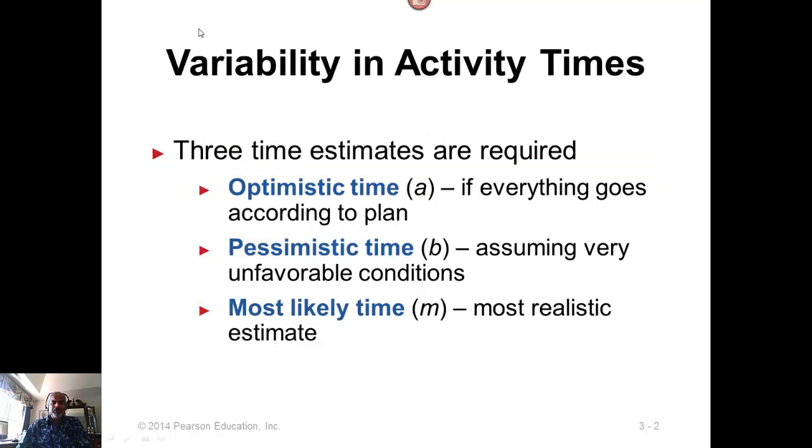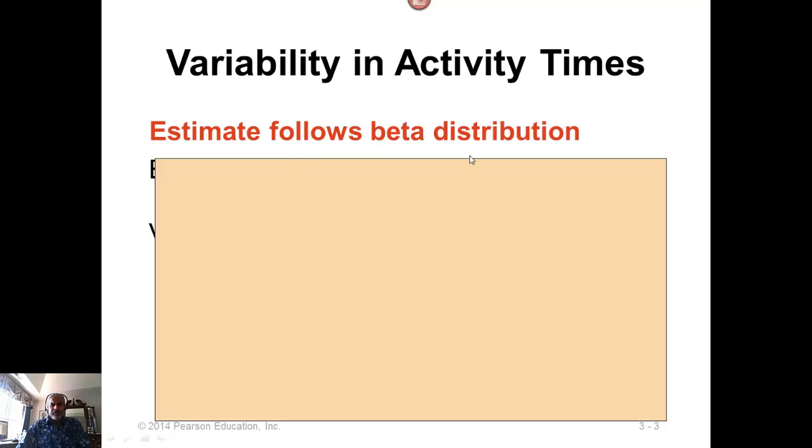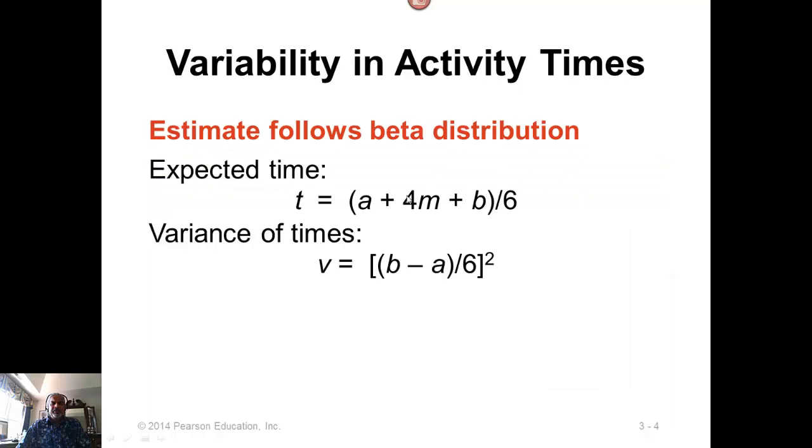A beta distribution has 3 time estimates: optimistic time, A, on the left hand side; pessimistic time, B, on the right hand side; and most likely time, m, in the middle, with the pessimistic time extended further out than A. If we assume beta distribution, then the expected time for the activity can be computed using this formula, which comes from the beta distribution: (A + 4m + B) / 6.